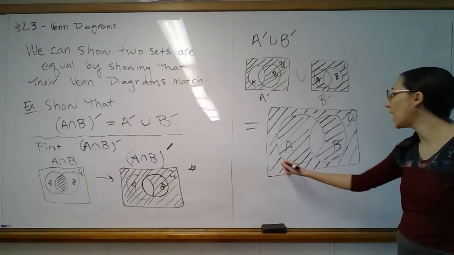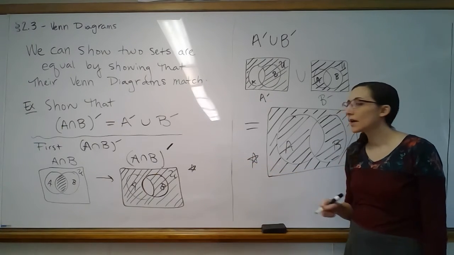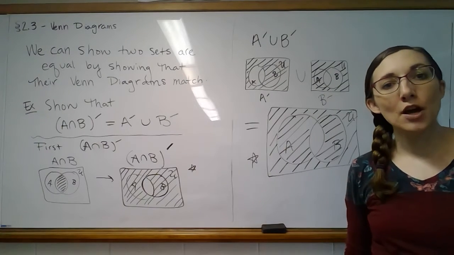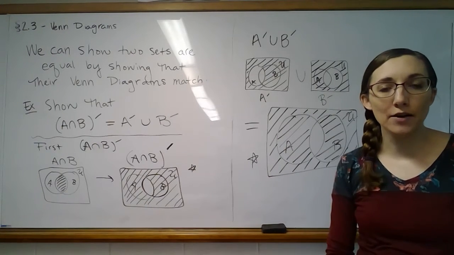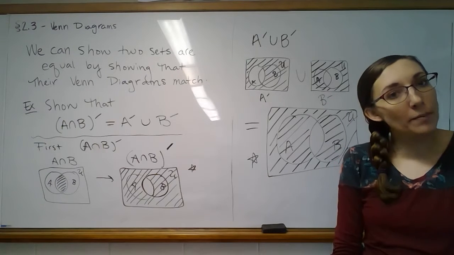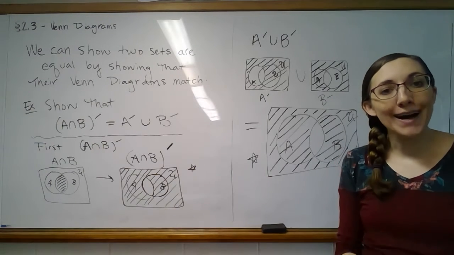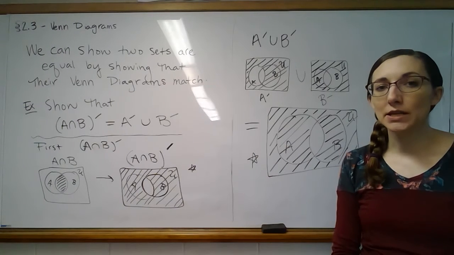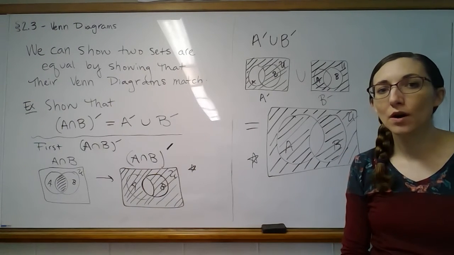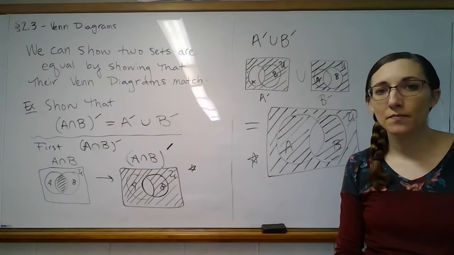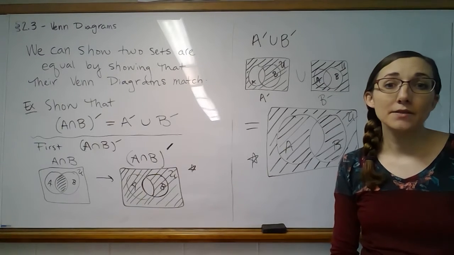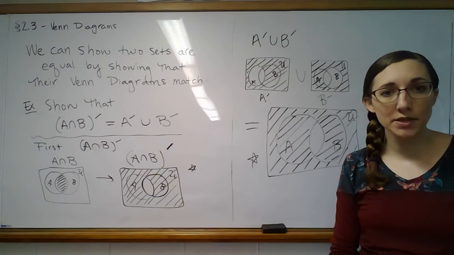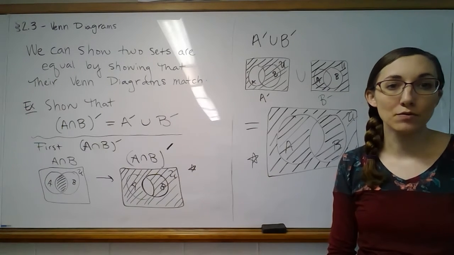So this is what we got. And now my goal is to compare the two final Venn diagrams that we got. Notice we got two of them in different ways, but the final picture represents the set altogether. So if we look at the two, are they the same? Well, yes, both of them have everything shaded except the very middle region.